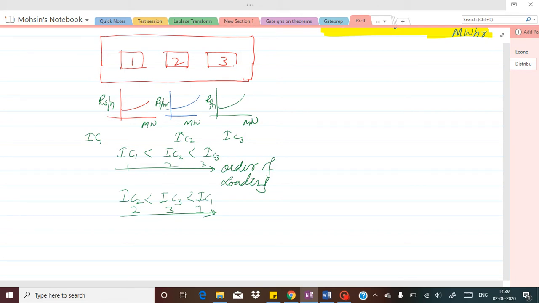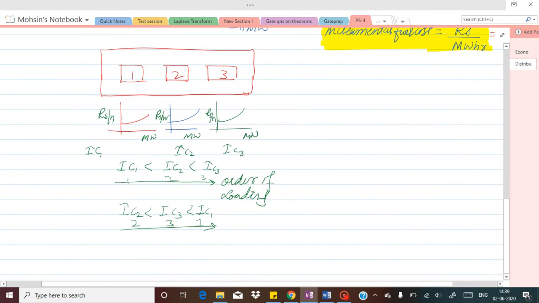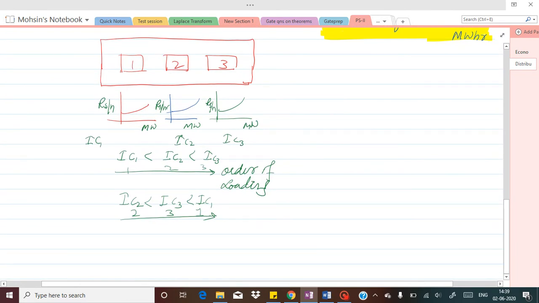Now suppose the input output curve is not given like a graph but is given in terms of an algebraic equation. In that case, how can we obtain the incremental fuel cost or incremental rate?